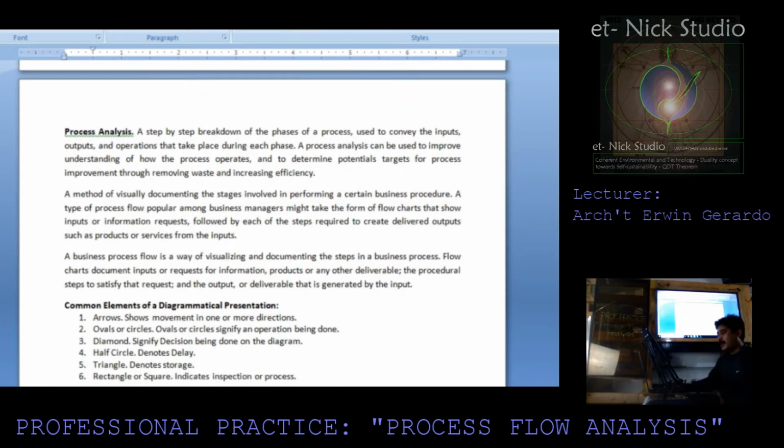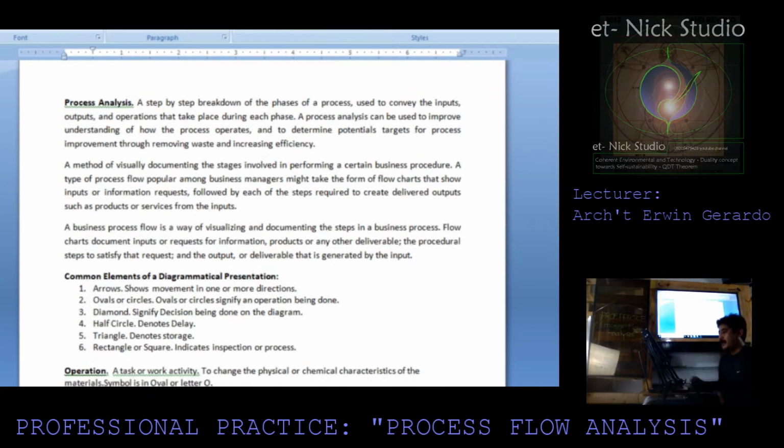Process analysis is a step-by-step breakdown of the phases of a process used to convey the inputs, outputs, and operations that take place during each phase. A process analysis can be used to improve understanding of how the process operates and to determine potential targets for process improvement through removing waste and increasing efficiency.